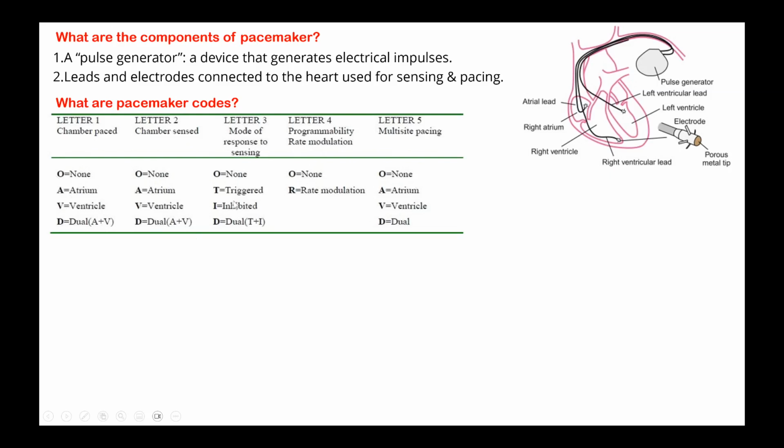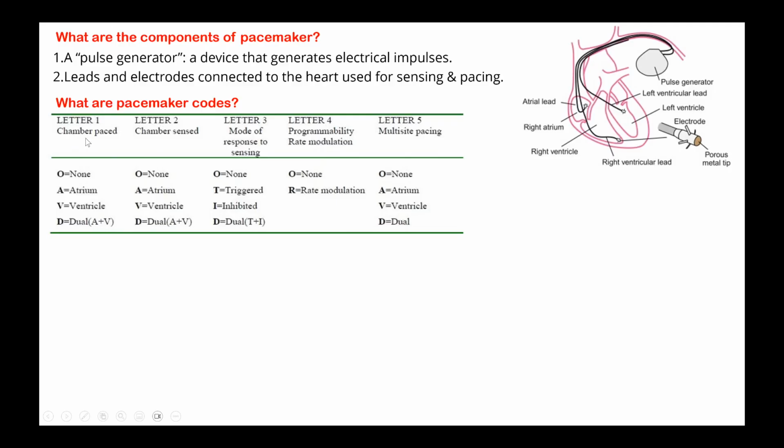All of you know about that. And there is the triggered or inhibited response. So these 3 are the common letters used in the coding system, and 4 and 5 are very rarely used. So these 3, what they mean, we should have a clear idea.